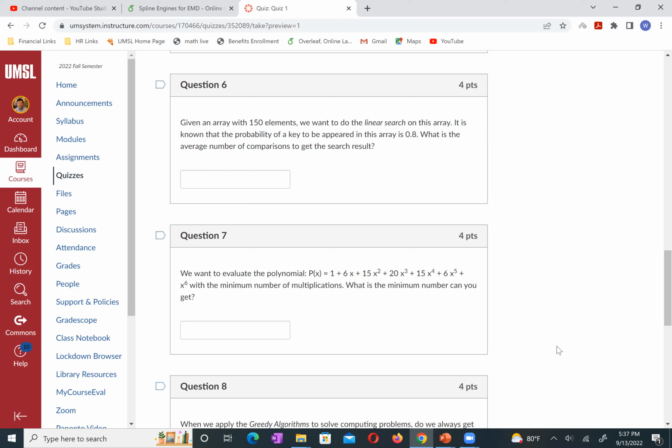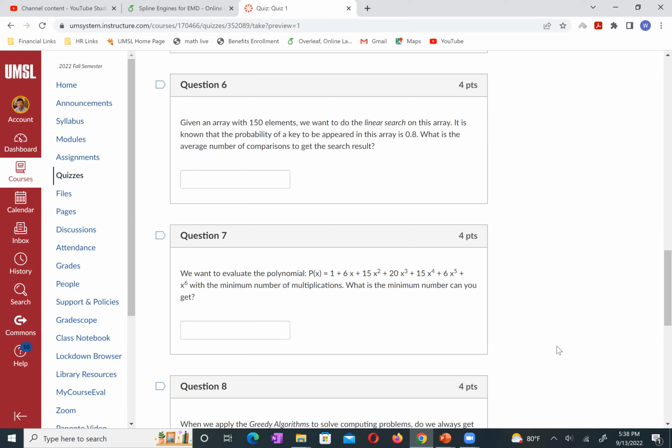Why? Although the number of comparisons should be an integer, here I'm asking you for the average number of comparisons. When you take an average, usually you do not get an integer. You need to do some division, so the final result, whatever it is, is your final result.